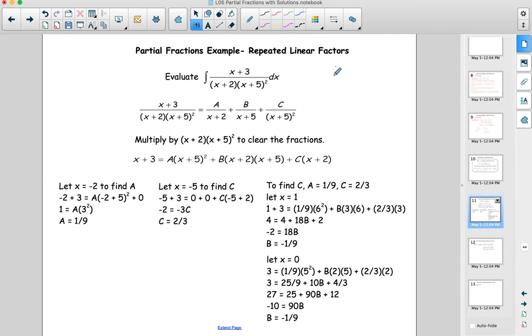And again, if this was x plus 5 to the power 4, I would then have to add d over x plus 5 all cubed and e over x plus 5 all to the power 4.